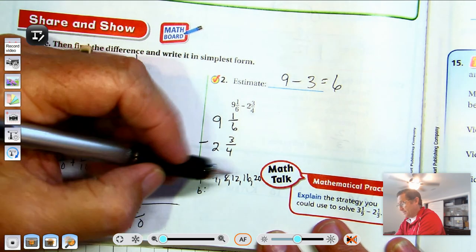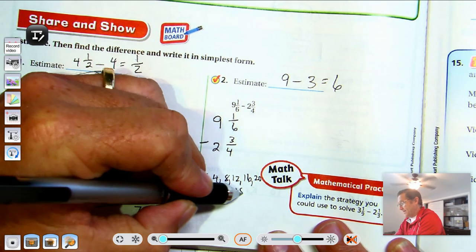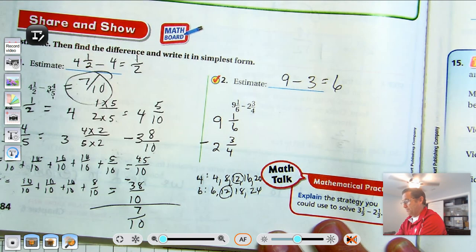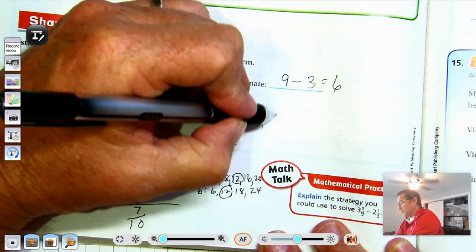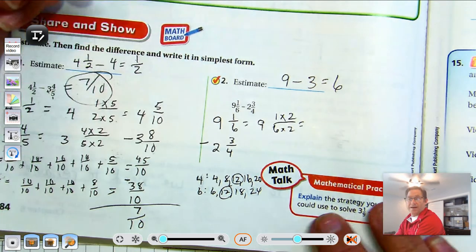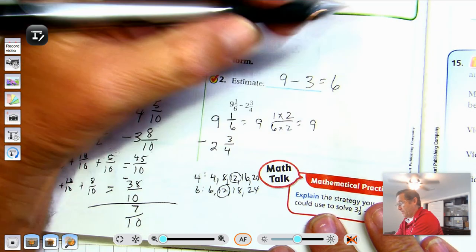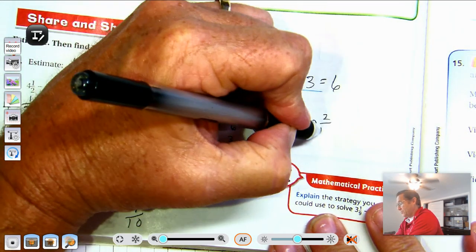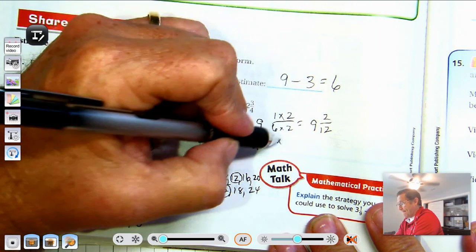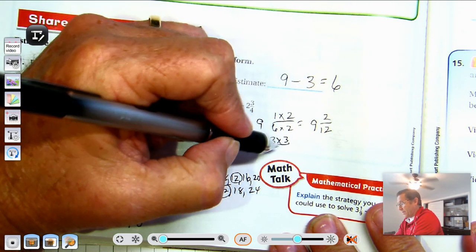And let's go to 6, 6, 12, 18, 24. I see that 12s are in common. So I'd multiply 1/6 by 2/2, and so I can rewrite 9 and 1/6 as 9 and 2/12. And 2 and 3/4, I can multiply by 3/3.